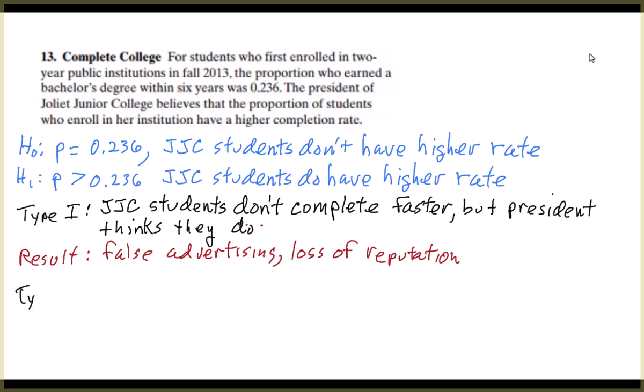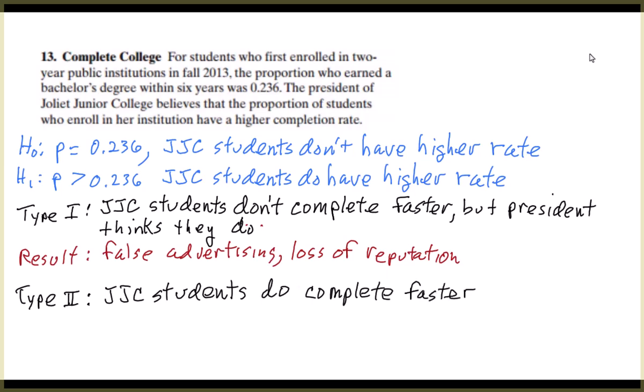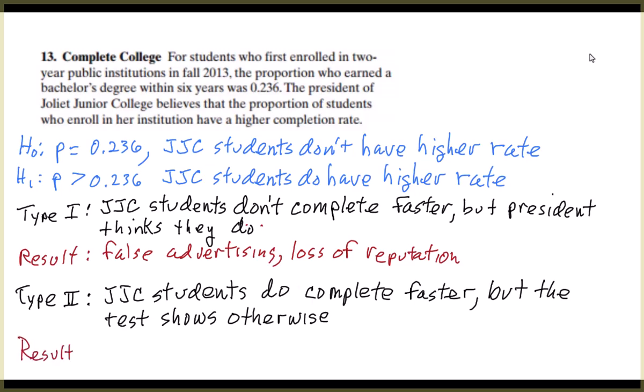Type 2. The null is false, but we don't reject it. Meaning what? They really do have a faster completion rate. We just don't realize that, based on our test, based on our sample. Result?